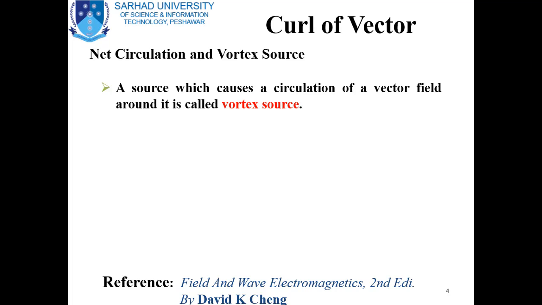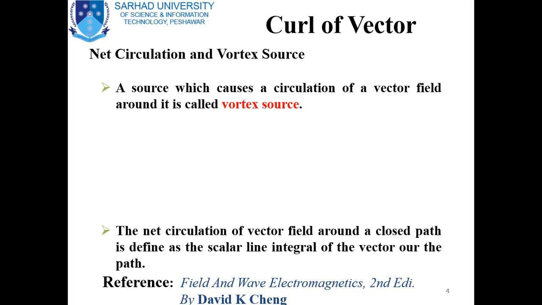But this is not a vortex source because the field is spread in all directions, while due to current, when the charge is flowing in a conductor, the magnetic field is established around the conductor. So the current in this case is known as a vortex source.